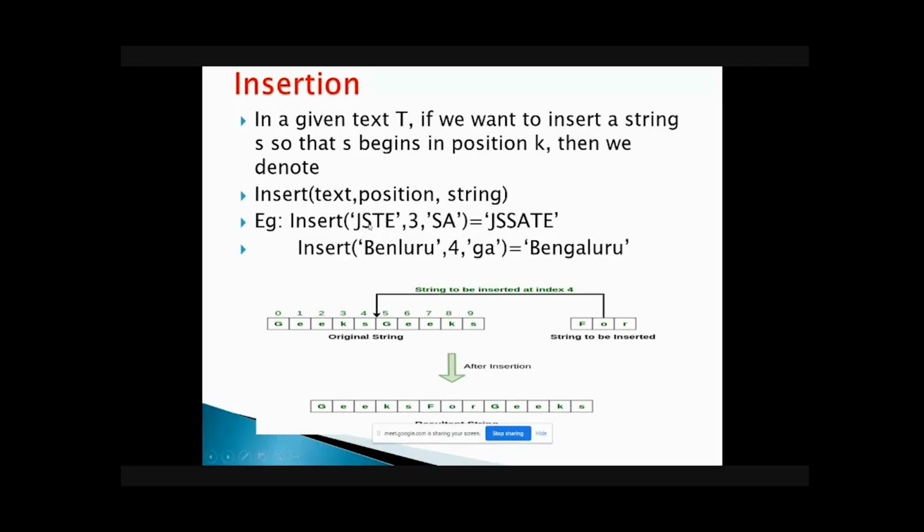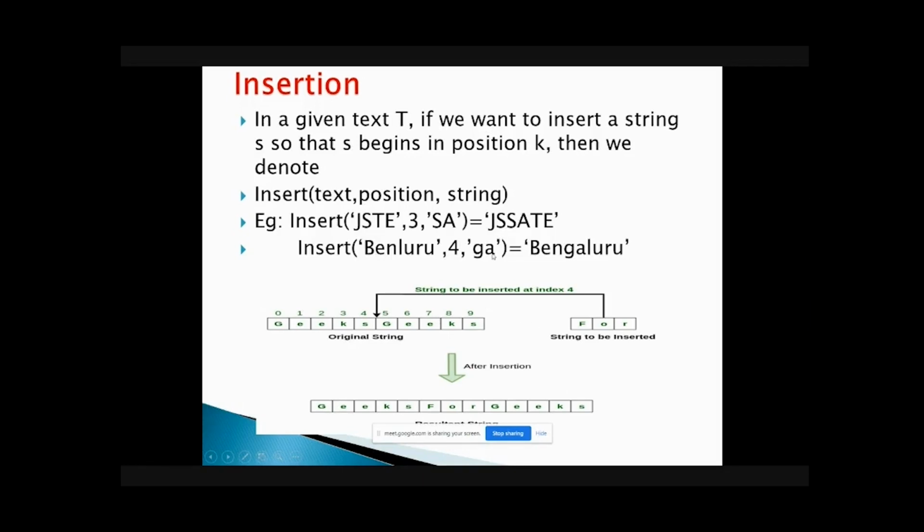J is the first position, S is the second position. So after S, immediately you will start inserting the string SA. So what will be your new text? After inserting the string SA into JST, your new string will be JSSAT. So this is what we call insertion, or inserting a string into a given text.